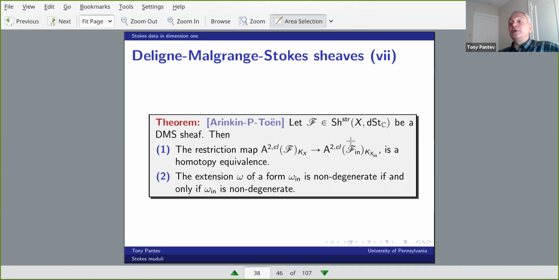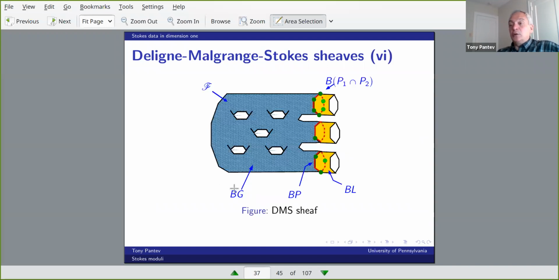So any form on the inner stratum can be extended to a relative form on the whole sheaf. And the non-degeneracy is just non-degeneracy on the inner stratum. If the form is non-degenerate on the inner stratum, then its extension is a relative non-degenerate form. So if, for instance, on the inner stratum you just have BG constant, then any Killing form will be a symplectic form, and you'll get a relative symplectic form on the whole Deligne-Lagrange Stokes sheaf.